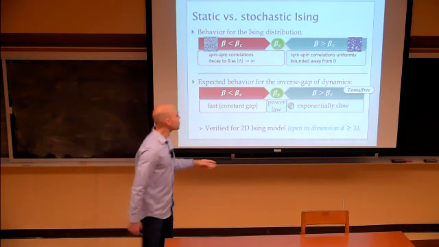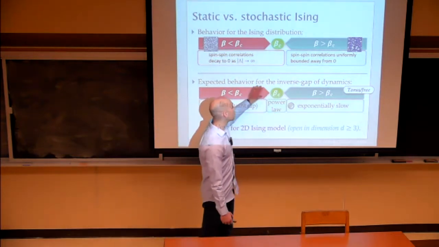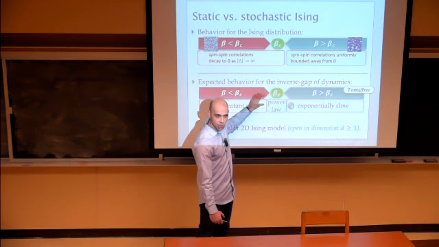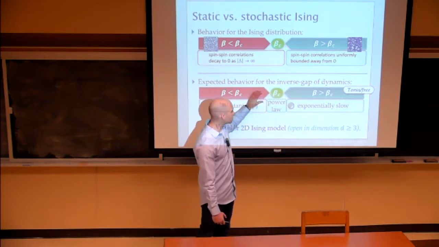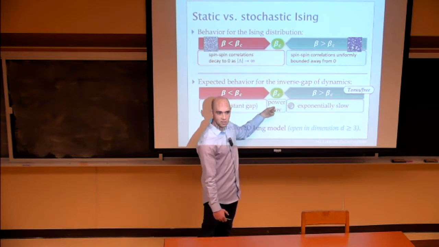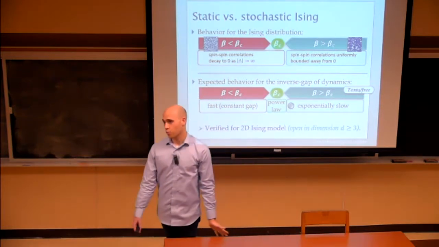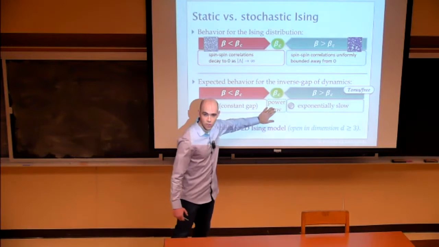In all of these 2D lattices, the location of what beta C is will move. That does depend on the geometry, but the 2D geometry will not change the exponent of n that you will see here in the dynamics. That is the conjecture. We are far from proving it, but at least we know that it's polynomial.